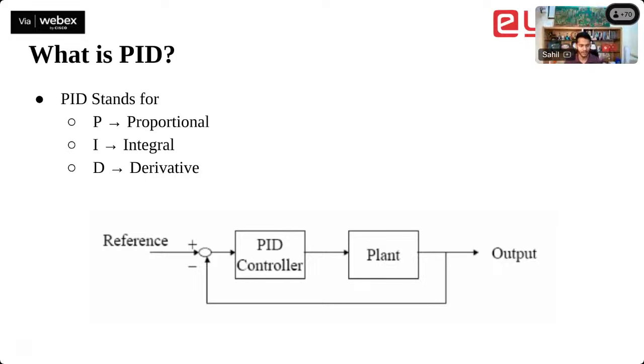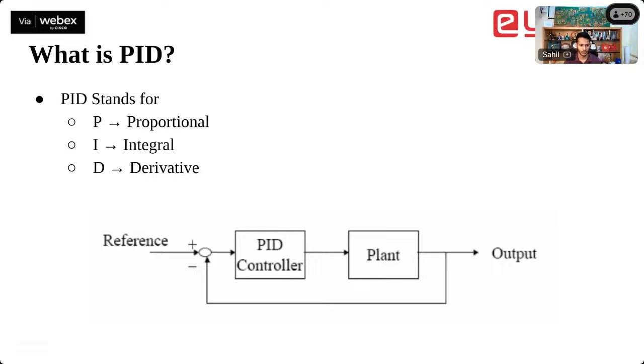The plus and minus sign that you see there is called the summing junction, where the error is calculated. It takes the reference signal as the input and subtracts the output to determine the difference between what is desired and what is currently being achieved.